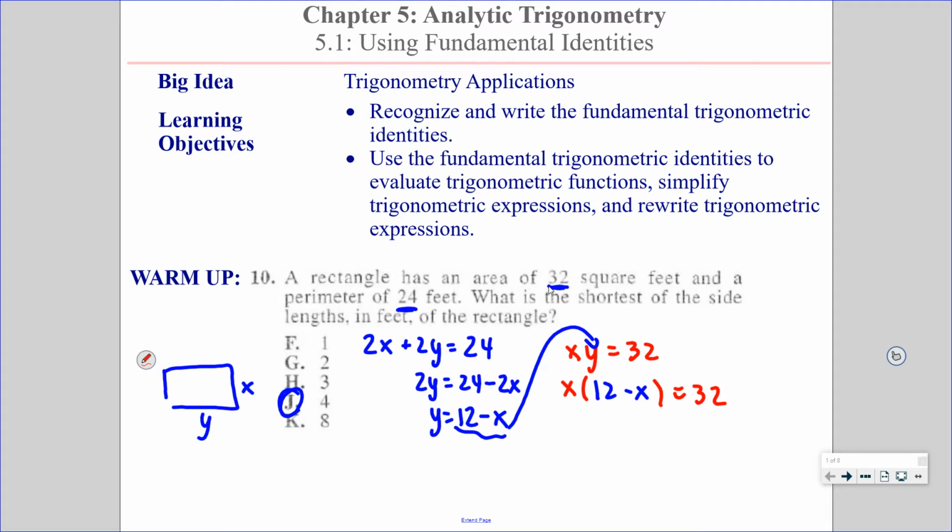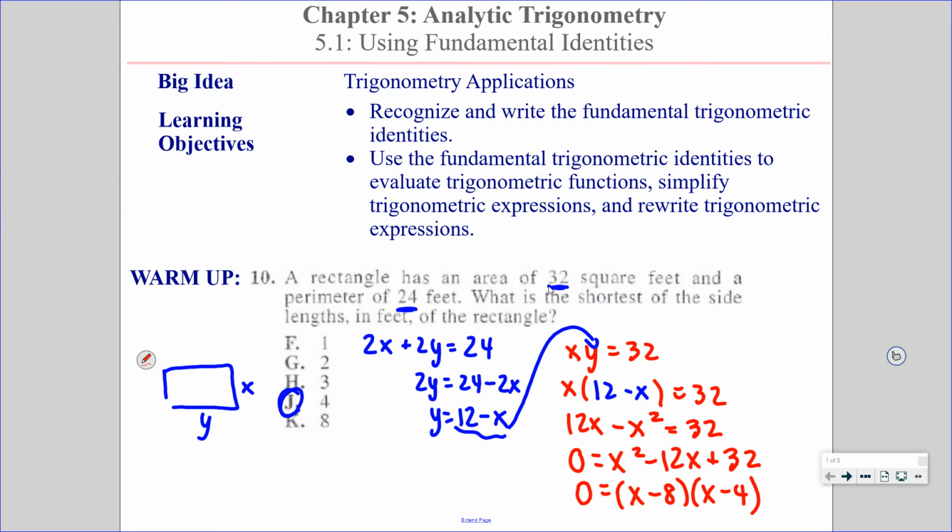And you could solve this algebraically for X. Ends up being a quadratic. That's pretty quick and easy to factor. And you end up getting 8 and 4. Obviously X could be either of those depending on which side you call X. But basically the dimensions are 4 by 8. That would give us a perimeter of 24 and an area of 32.